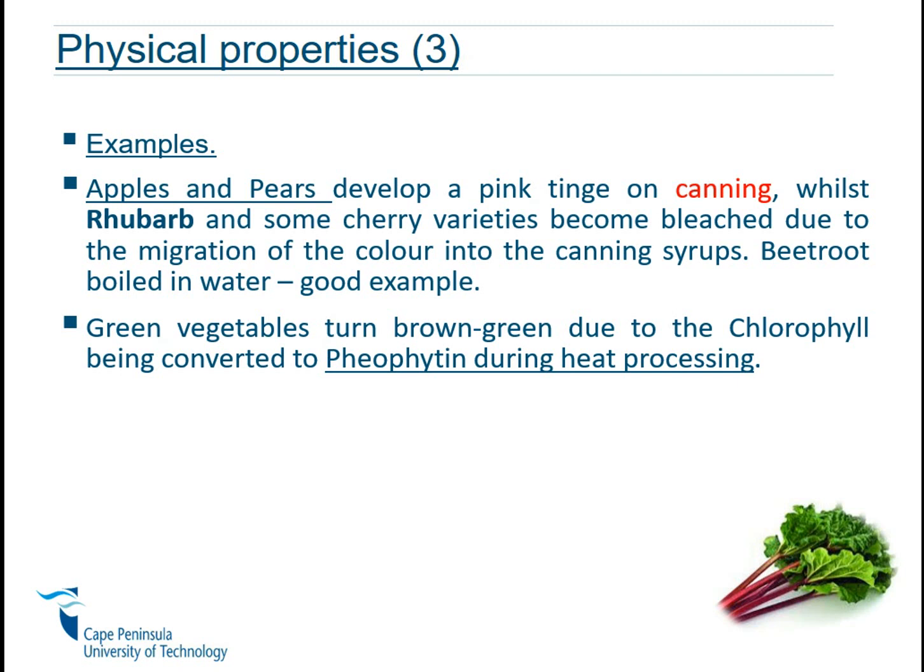So that is why you find your spinach is no longer bright green when you cook it, but has turned to brown green. So this is as a result of the heat process that you expose your raw material to. So processing has influence on the color of the raw materials that you are using.